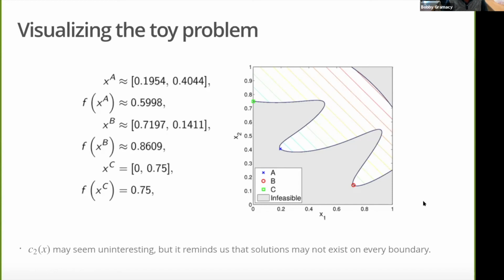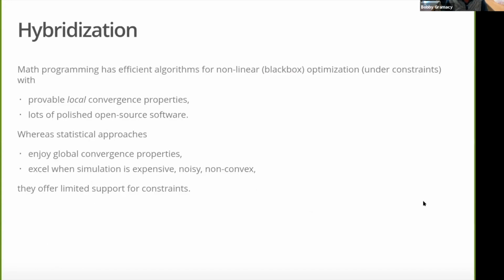Okay, so before telling you about how to use surrogates to answer this problem, I want to tell you about how the optimization community solves this problem. And they have lots of really good ideas.